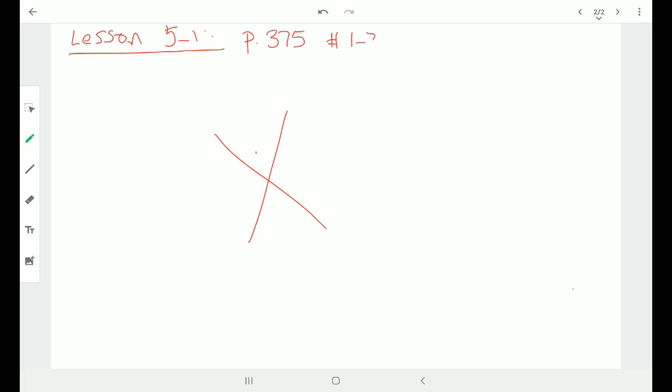Two lines cross at an X. Vertical angles are going to be across from each other. For example, angle A and angle C would be vertical. They would also be congruent then. Angle B and angle D would also be vertical. Okay, so angle A and C are vertical angles and they are congruent, and then same thing with B and D.